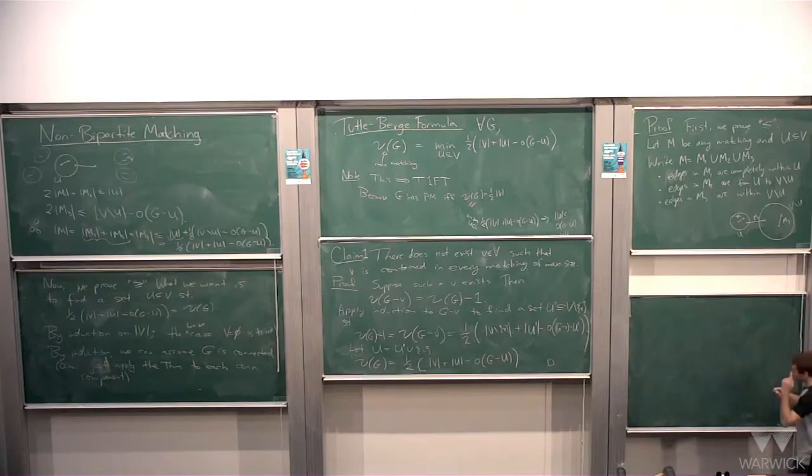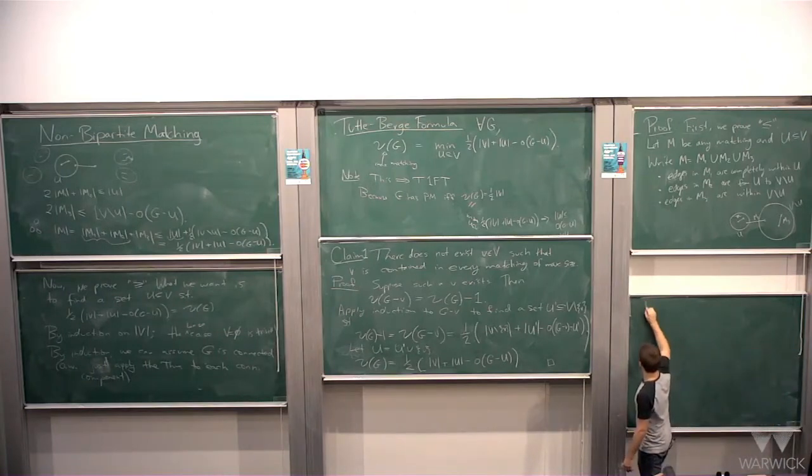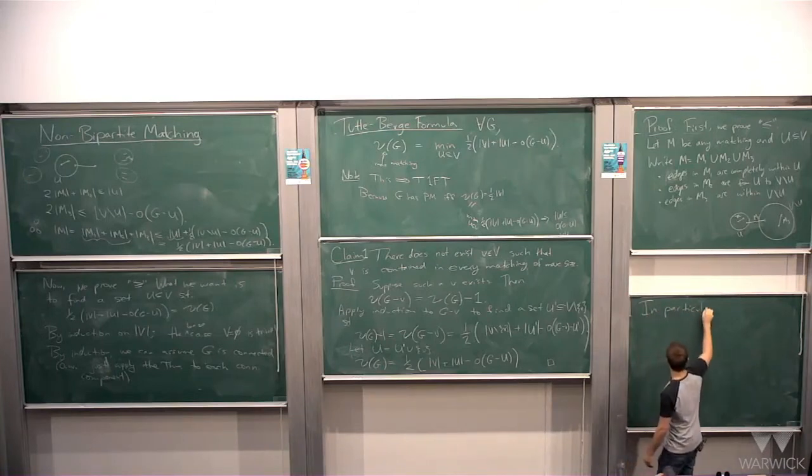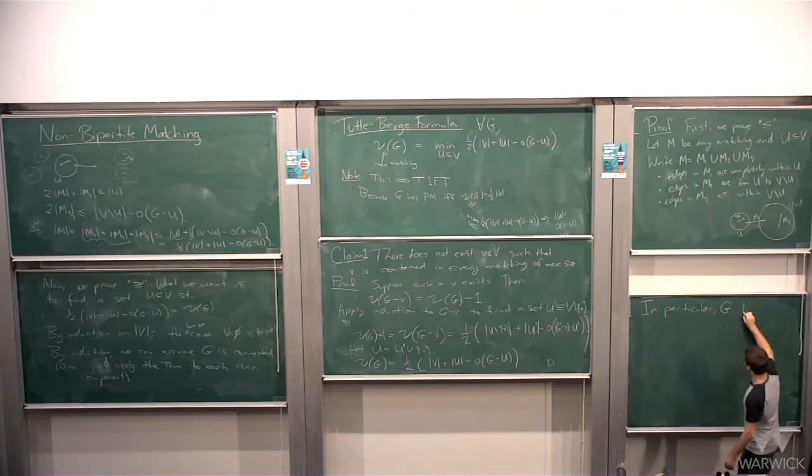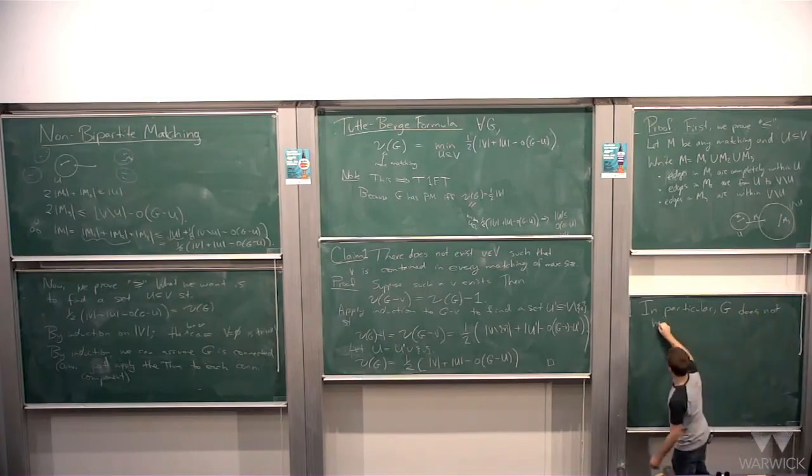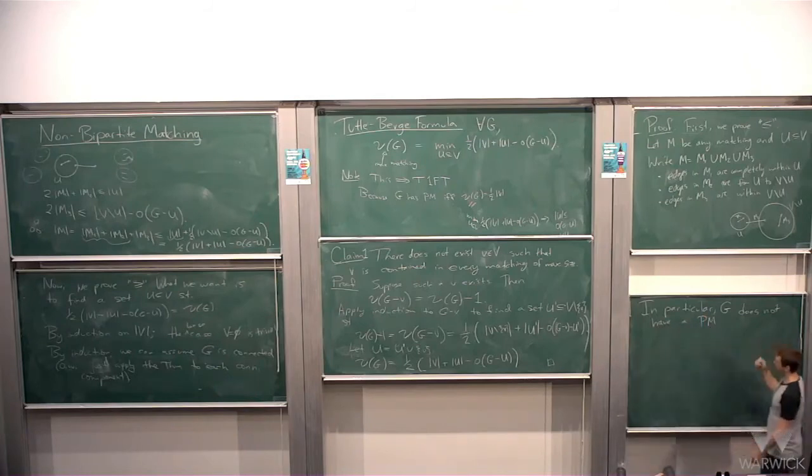So in particular, one very basic thing that follows from this lemma is that G does not have a perfect matching. PM will just stand for perfect matching.